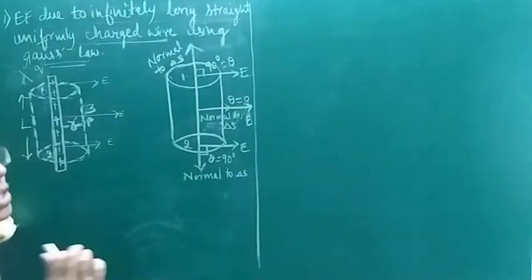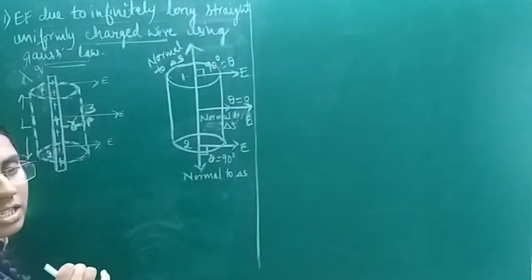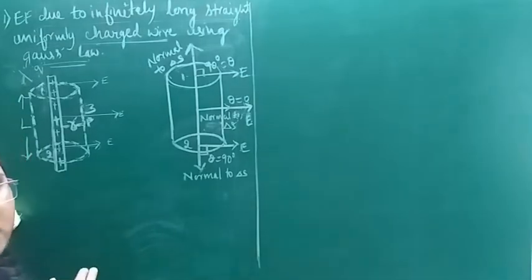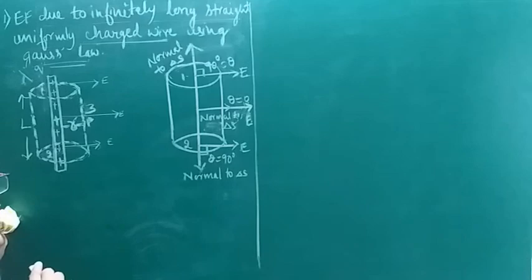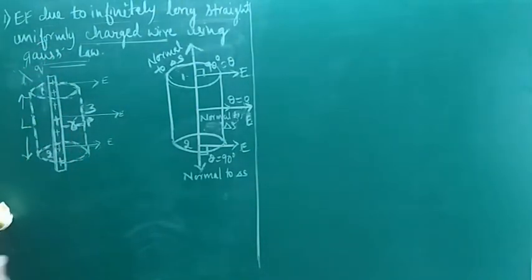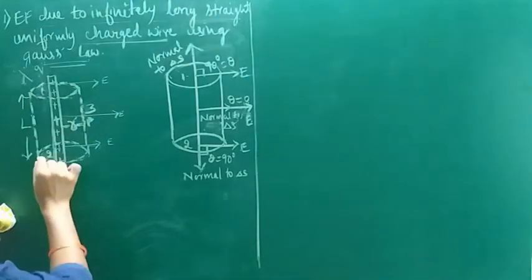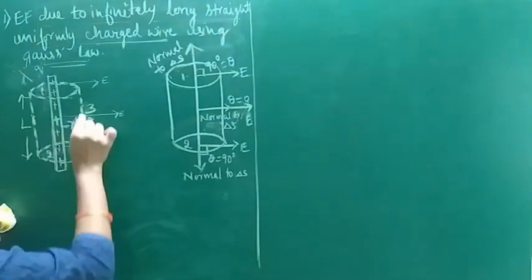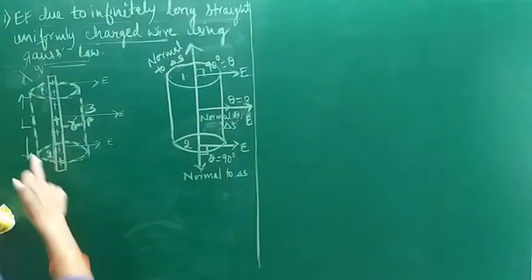So we consider an imaginary closed surface, and we call that imaginary closed surface at which Gauss law can be applied a Gaussian surface. So let us consider this Gaussian surface as a cylindrical surface. So here this is the cylindrical Gaussian surface.